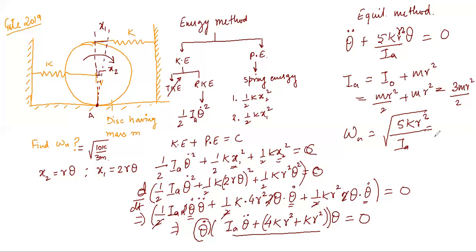IA value is 3 m r square by 2, so it can be written as 10 k r square upon 3 m r square. Then r square cancels out, and your answer is under root 10 k by 3 m.